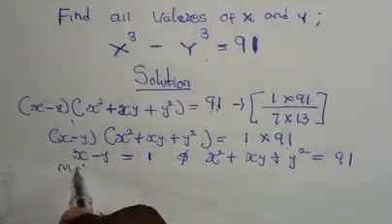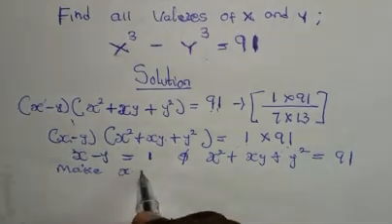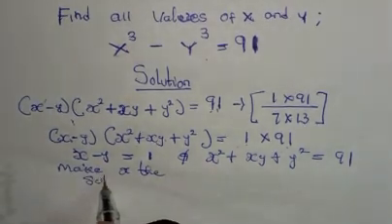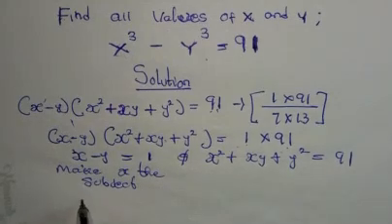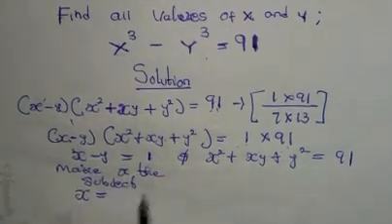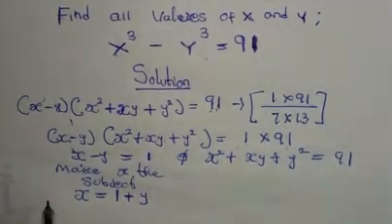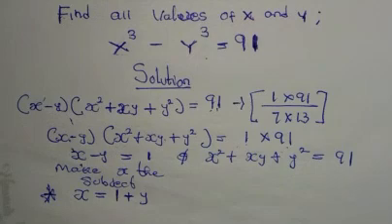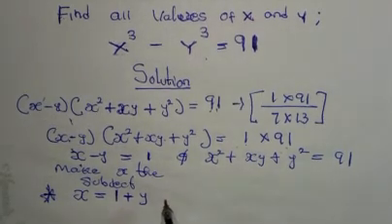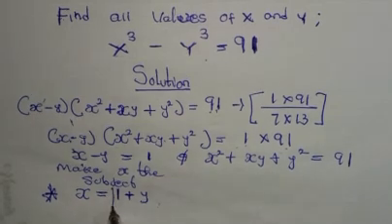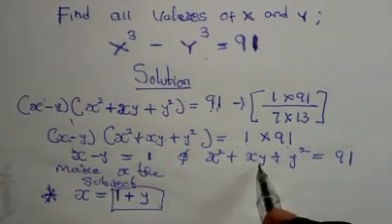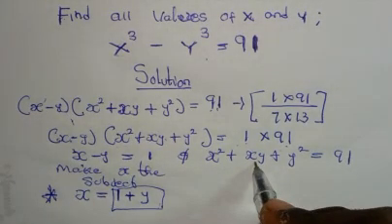Make x the subject. So we are going to have x equals 1 plus y. Note that. So now we are going to substitute this for x in equation 2.